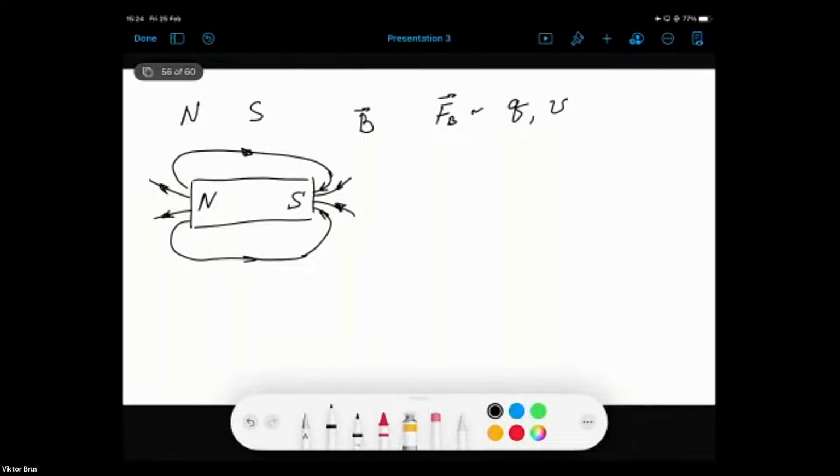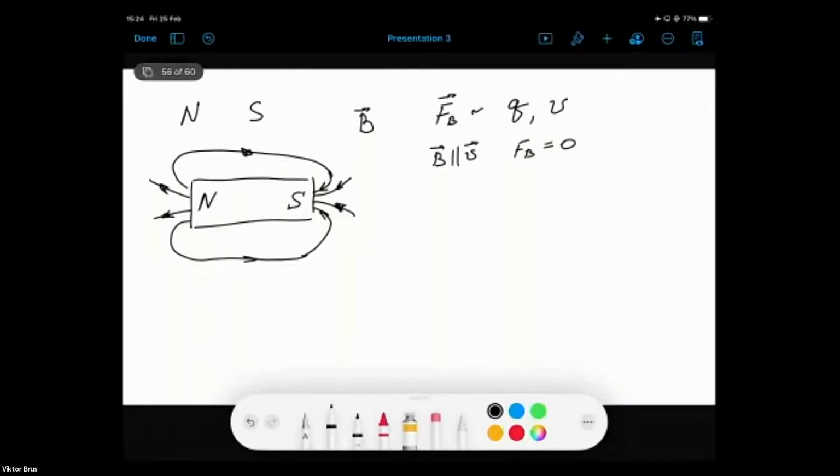Also, it is important to highlight the dependence of magnetic force on the orientation between the velocity vector of this charged particle and the magnetic field vector. So if, for instance, we have the magnetic field vector parallel to the velocity vector, the magnetic force is equal to 0.